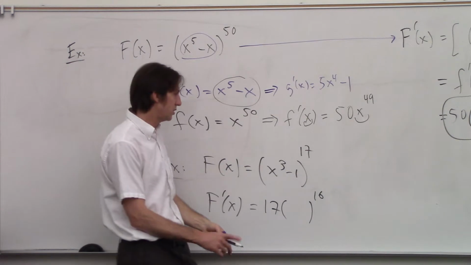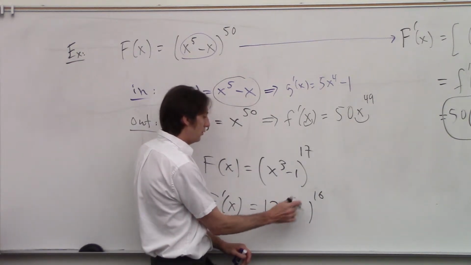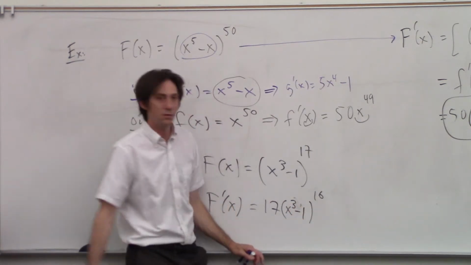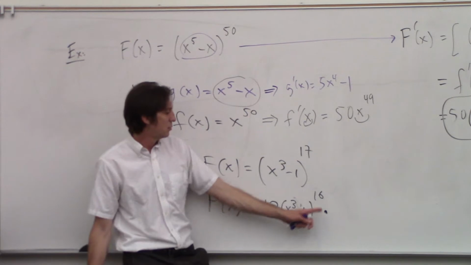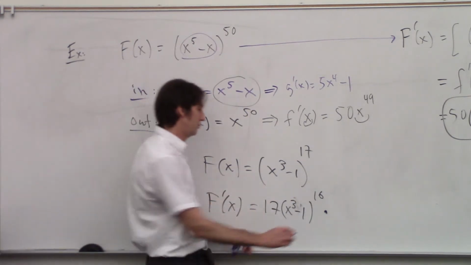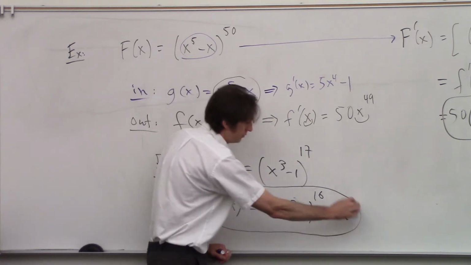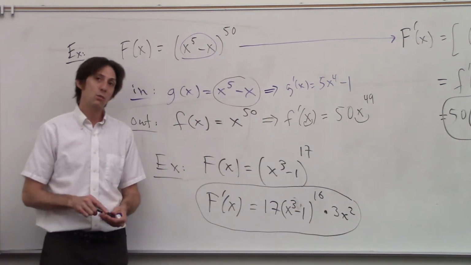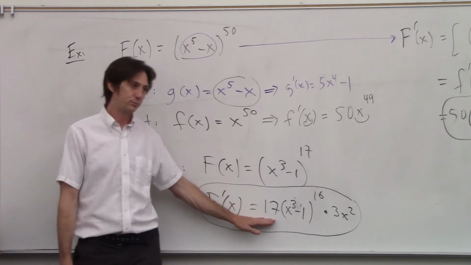The chain rule tells me I have to leave the inside function alone at first. So I have the same inside function here. The other thing that the chain rule tells me is that I should then multiply by the derivative of the inside, which is 3x squared. So there it is. Again, once you get the hang of the chain rule, this is probably something that you'll be able to do real quickly.